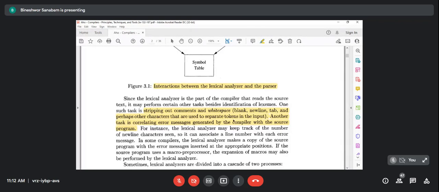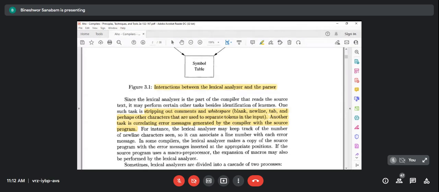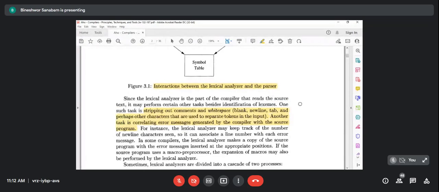We have even discussed this in the previous videos, that removal of your comments and white space is done by the lexical analyzer. Okay.